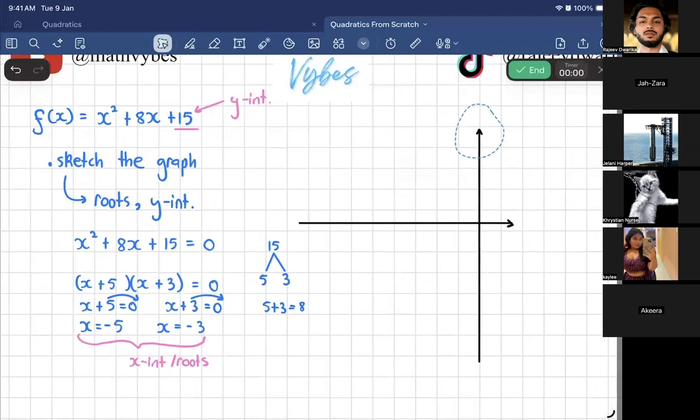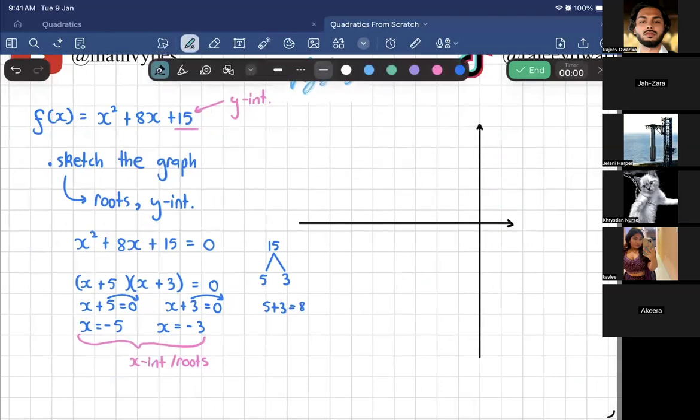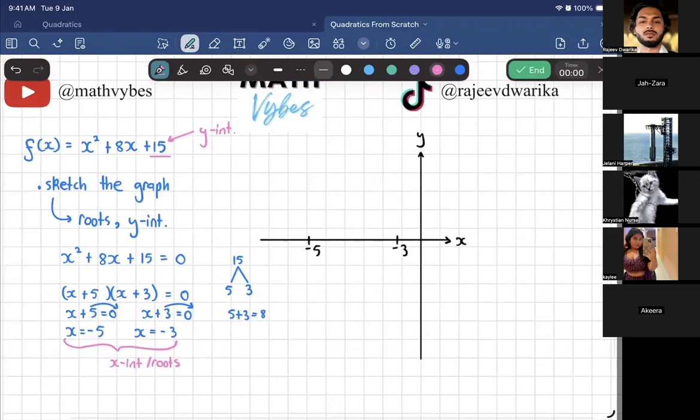All right. So remind me, guys, what axis is this? Y axis, sir. What axis is this? X axis. Great. And I'm going to put minus 3 over here, and I can put minus 5 over here. Is our graph a maximum or minimum? It's a minimum, sir.